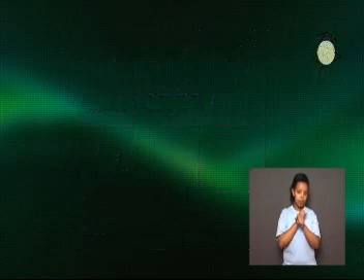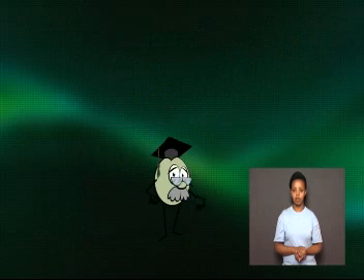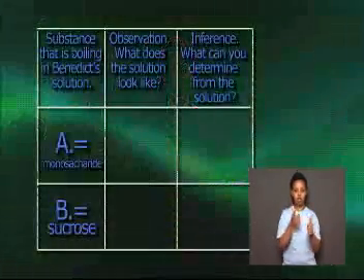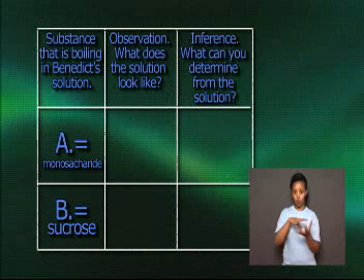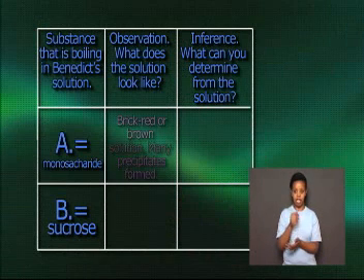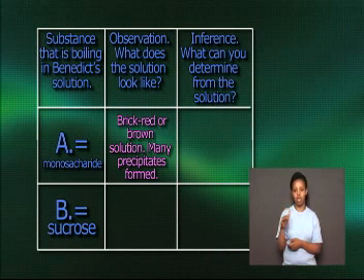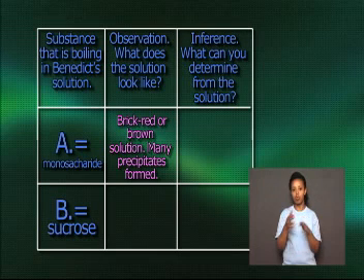Time's up. Let's get back to our lesson. Welcome back, students. I am sure that was a simple activity for you. Your tables should include the following information. The solution of substance A should be brick red or brown in color and have many precipitates.